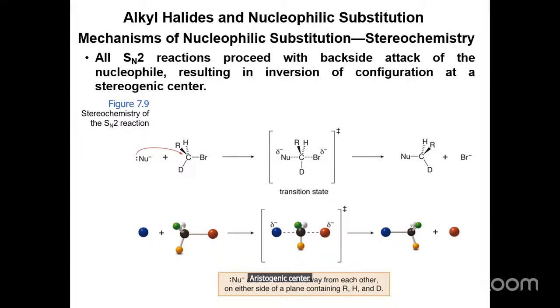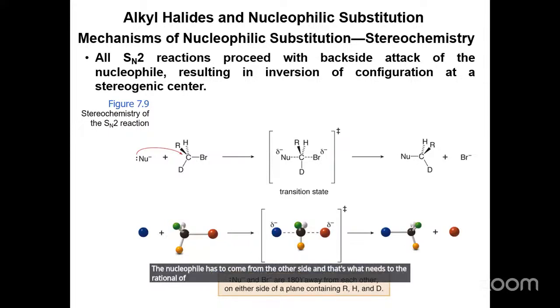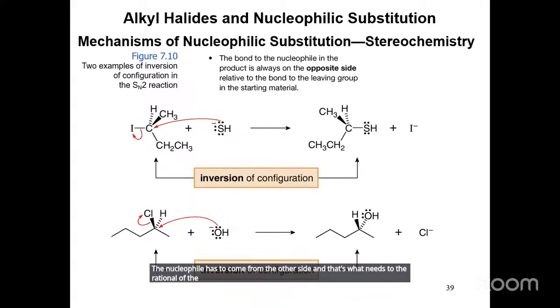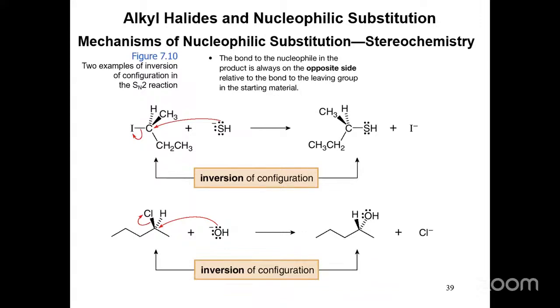Since the bromine is already on one side, the nucleophile will have to come from the other side, and that's what leads to inversion of the configuration in the product. You can see the various forms that they are using, and at the end of the day, you have the inversion of configuration.